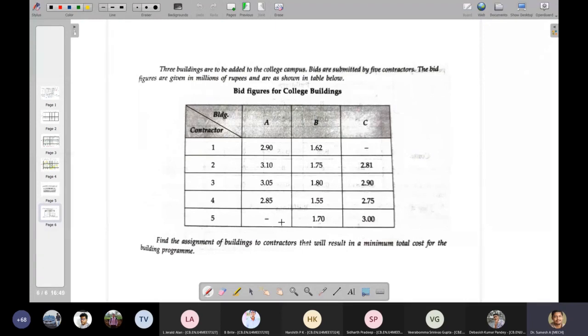Don't put zeros here, and don't try to give the assignment for A to 5 or 1 to C. Don't put zero here. You can mark it as either dash or infinity. Those are restricted conditions in the case of the assignment model.